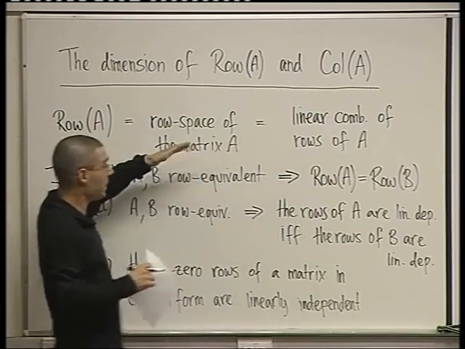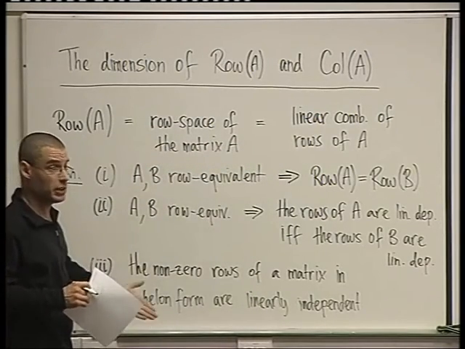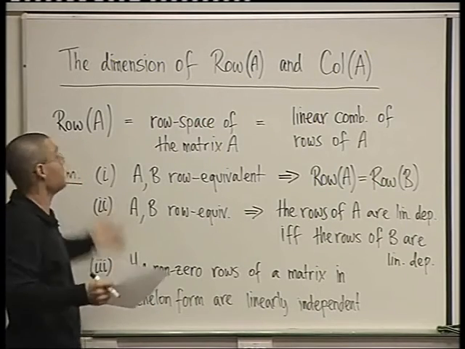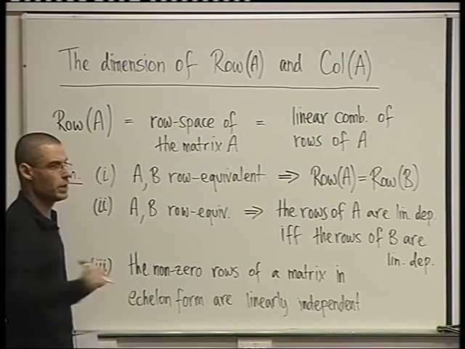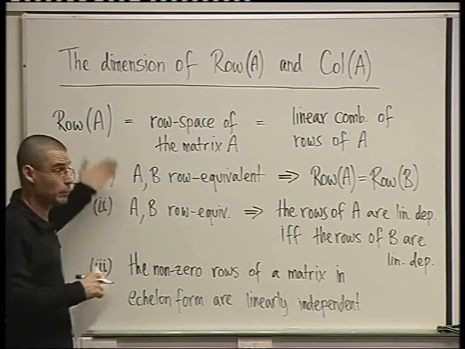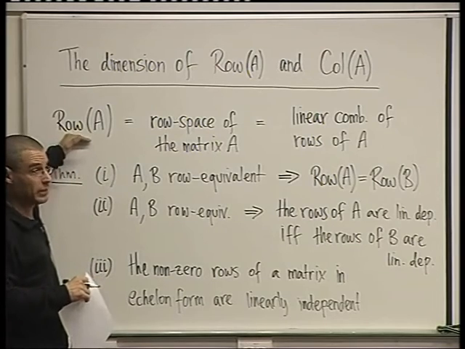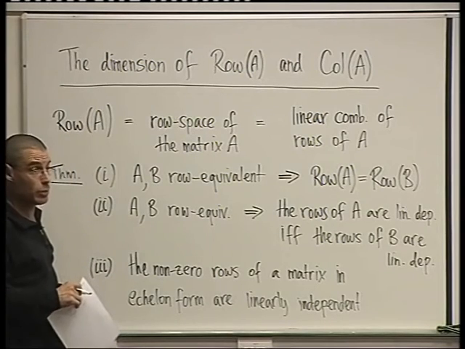Not all of them are necessarily linearly independent. There could be extra rows. If you take the same row 17 times, of course, the span will not change. So what is the dimension of the space spanned by the rows?